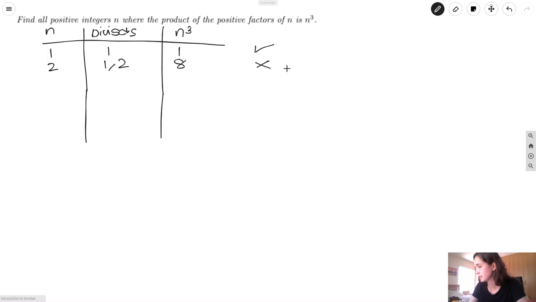This would not work since 1 times 2 does not equal 8. If we had 3, it would be 1 and 3. This would be equal to 27. This would also not work since 1 times 3 does not equal 27. 4 is 1, 2, and 4. This is going to equal 64. This would also not work since 1 times 2 times 4 equals 8.